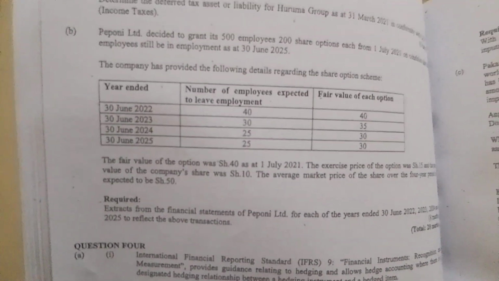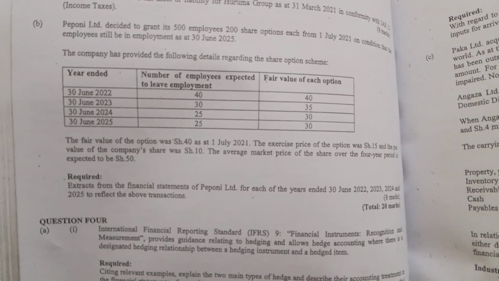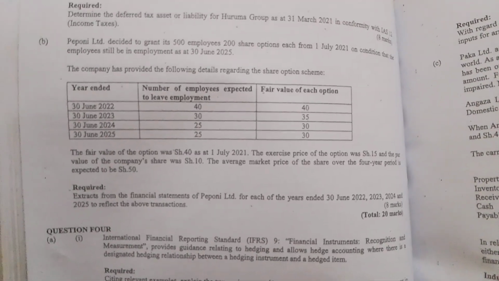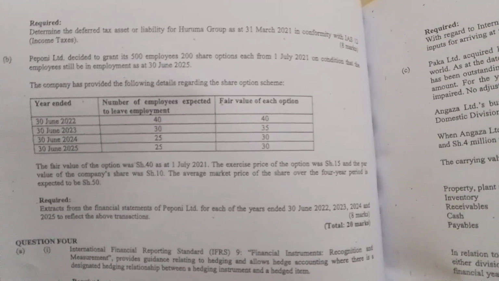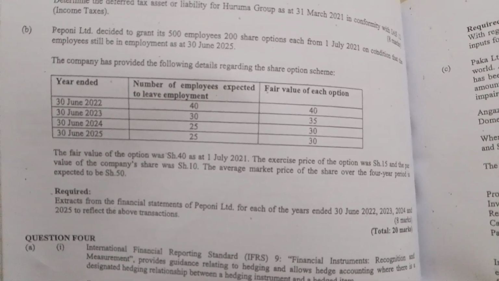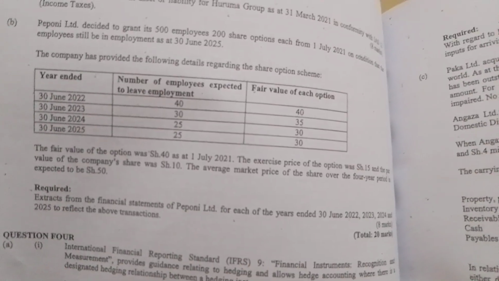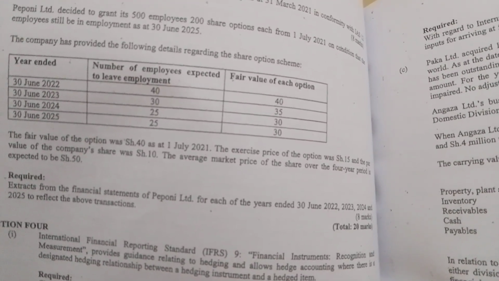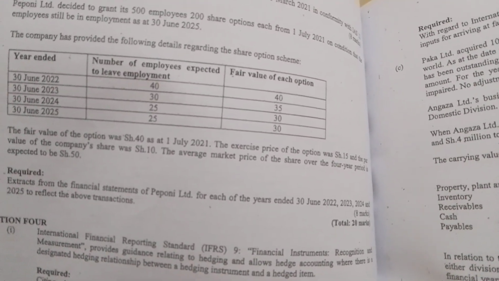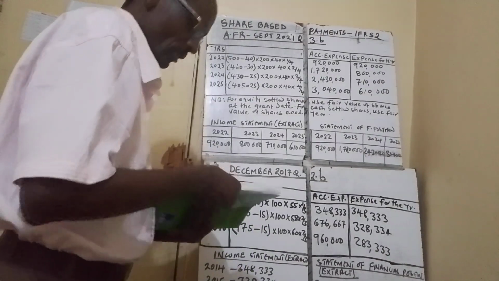See how the table looks. Check especially the second column: the number of employees expected to leave employment. But again, I believe you have those past papers.